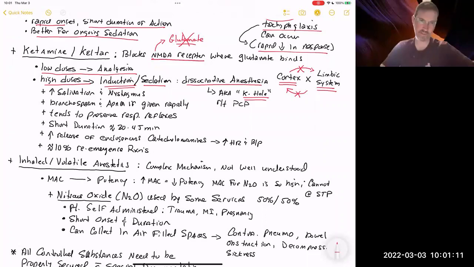So what are some other things that we see with ketamine? Well, it can cause an increase in salivation. So people can get very wet, right? They can salivate quite a bit. It tends to cause nystagmus. Does anyone know what nystagmus is?